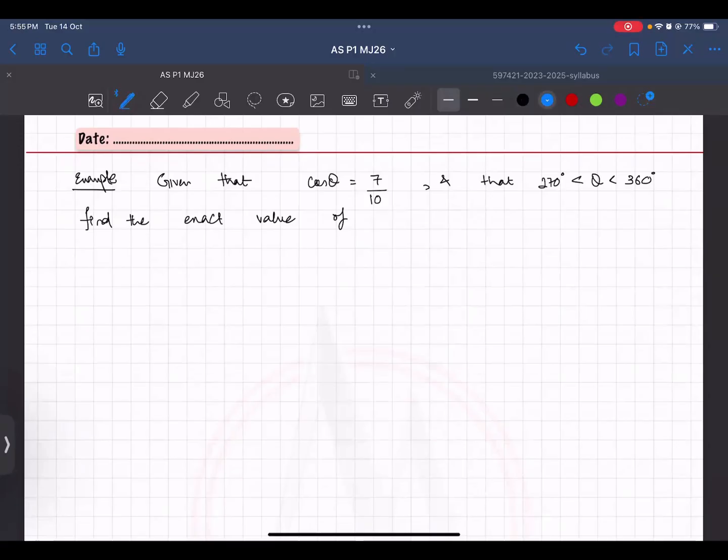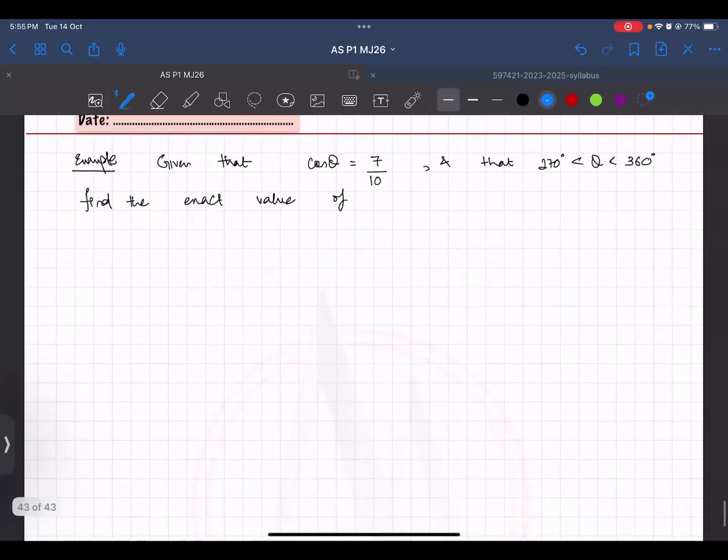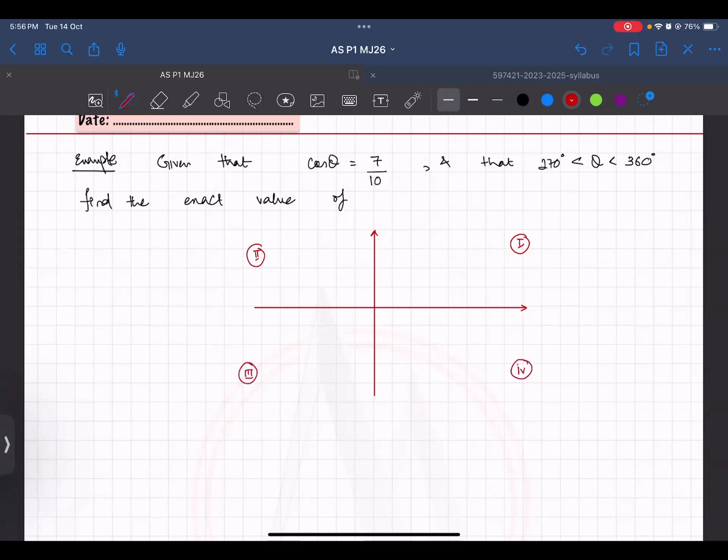For this question, we have to bring in another concept. For that, we would need to think about the basic quadrants. These are your four quadrants. Quadrant 1, 2, 3, 4.